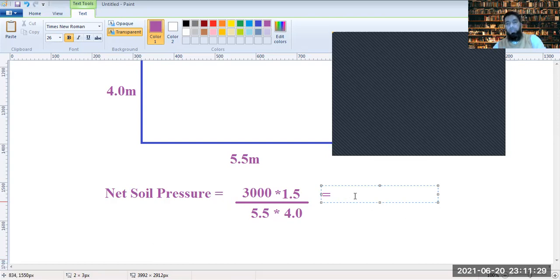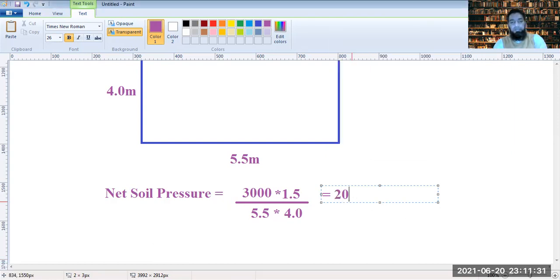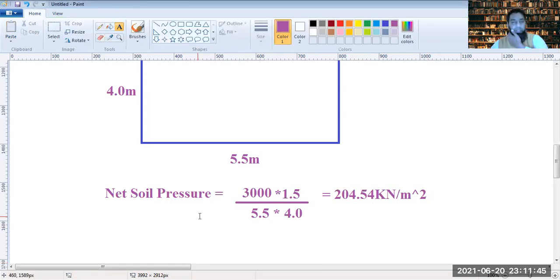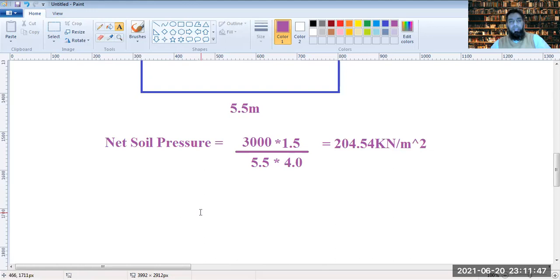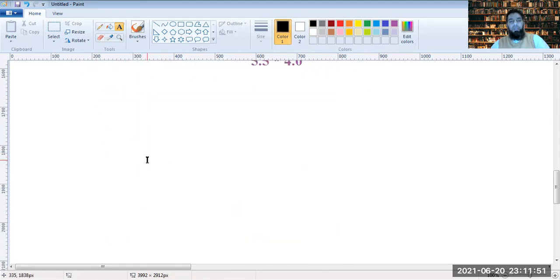So that's 204.54 kilonewton per meter square. So what we are actually getting is an actual soil pressure, a net soil pressure that would be acting onto this footing.